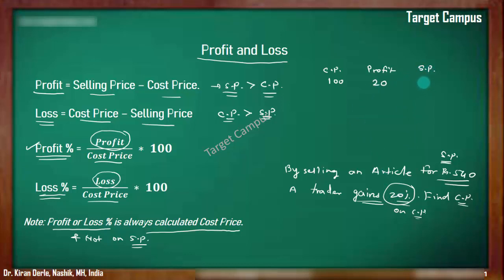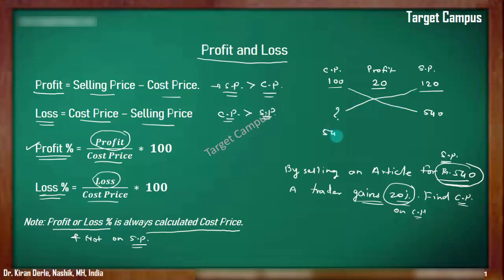This is an assumed case: cost price is 100, profit is 20, the selling price will be 120. In the actual example, the selling price is equal to 540. What is the cost price? So if 100 is the cost price, selling price is 120. What if the selling price is 540? What should be the cost price? This is one way of doing this.